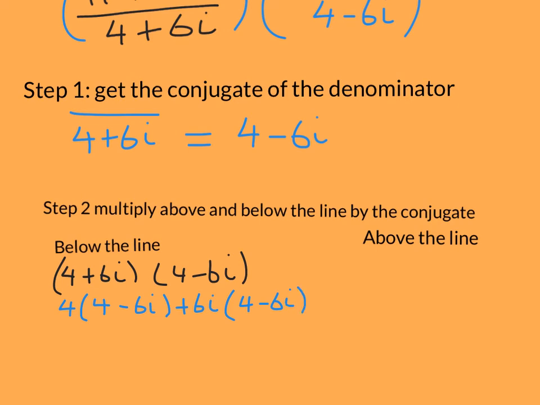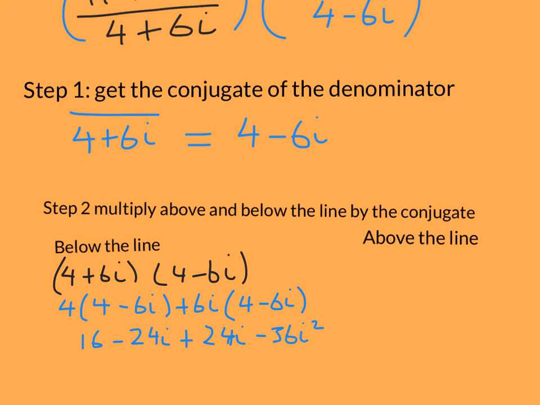Do my loops then, so 4 by 4 is 16, 4 by minus 6 gives me minus 24i, positive 6 by 4 gives me plus 24i, and then I have minus 6i by plus 6i gives me minus 36i squared.